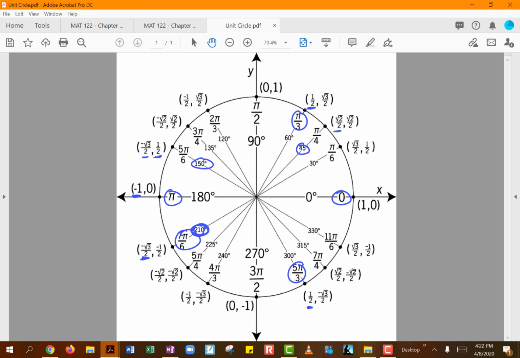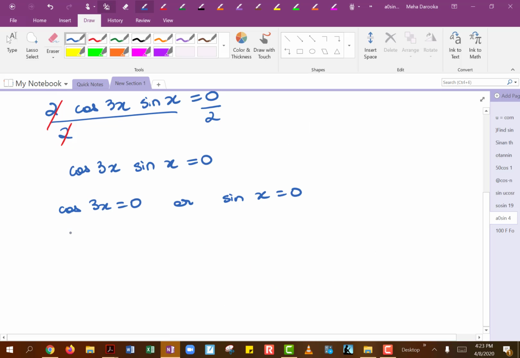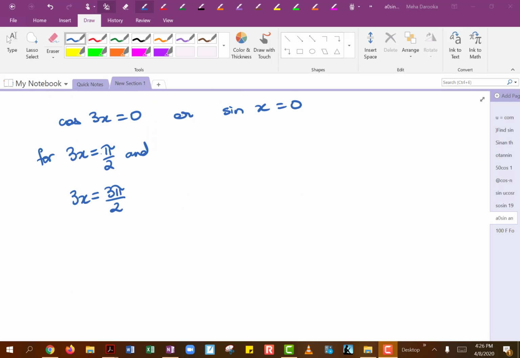So let's see what we can get for cosine of 3x equal to 0. Cosine is equal to 0 at pi halves, and it's equal to 0 at 3 pi halves. Those are the two angles where our cosine function is equal to 0. So 3x would be equal to pi halves, and 3x would be equal to 3 pi halves.